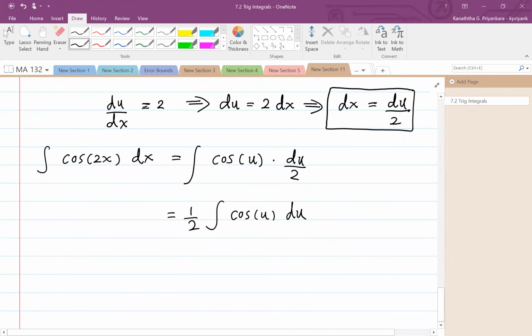Now we need to take the antiderivative of cosine u, which is sine u. So we get 1/2 times sine of u plus some constant c1. So that is the integral of cosine 2x dx.